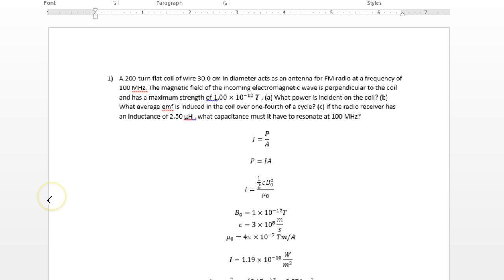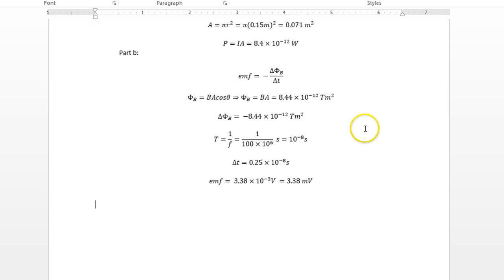Okay, on to part C. The radio receiver has an inductance of 2.5 microhenries. What capacitance must it have to resonate at 100 megahertz? All right, so part C, we're being asked to create a resonance frequency, which, if you look at the formula sheet, is just given by 1 over the square root of LC.